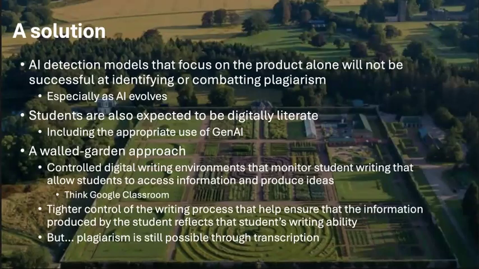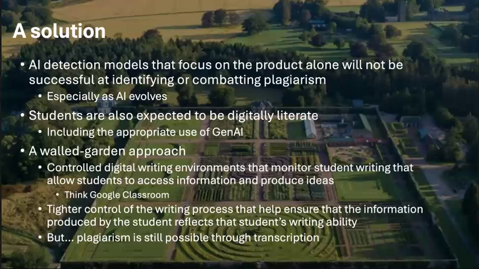As I mentioned before, I don't think that AI detection models that focus on the product alone are going to be successful at identifying or combating plagiarism, and we don't want students to be plagiarists because we want to be able to judge students on their knowledge. But at the same time we also expect that students are going to be digitally literate. So we want them to appropriately use Gen AI to amplify their knowledge. So we don't want to cut them off from generative AI.